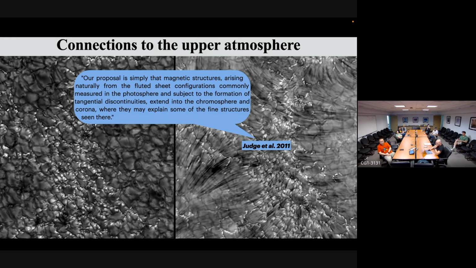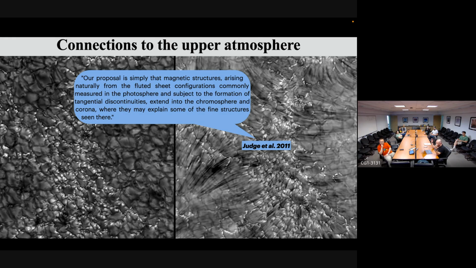Okay, so this paper, Judge et al., also has a discussion about how, if we have these perturbations or distortions at the photospheric level, these magnetic distortions should propagate into the upper atmosphere.